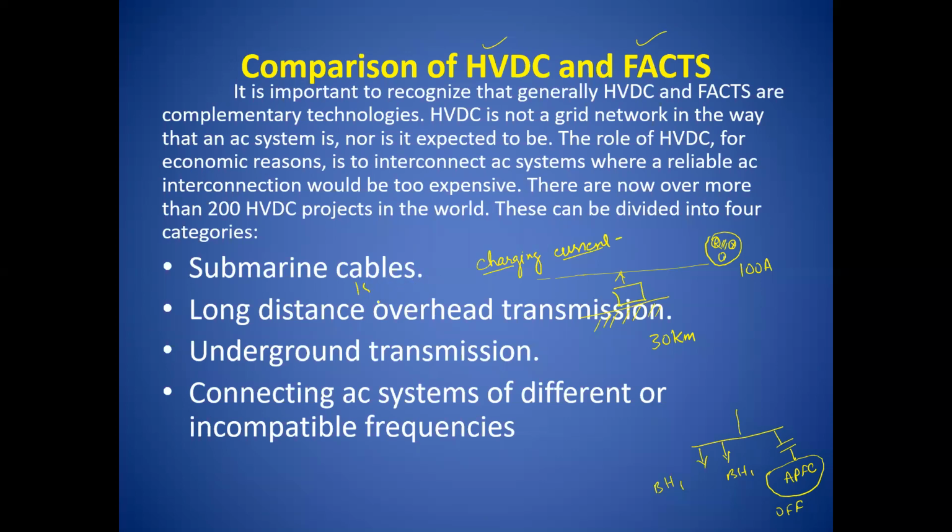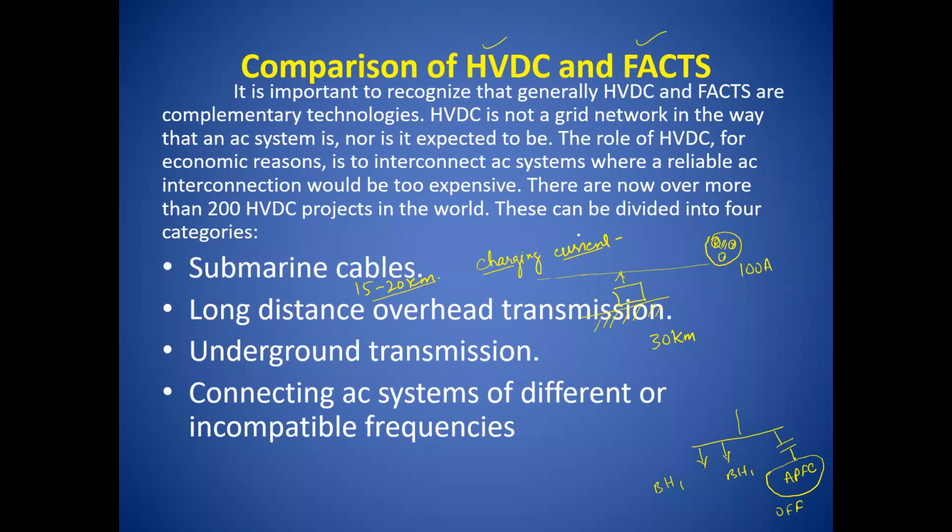So we cannot lay more than 15 to 20 kilometers of submarine cable without FACT controllers. This is the limitation of FACT technology in the submarine cable, and we have to switch toward the HVDC system, because in HVDC the length of the cable or the transmission doesn't matter.